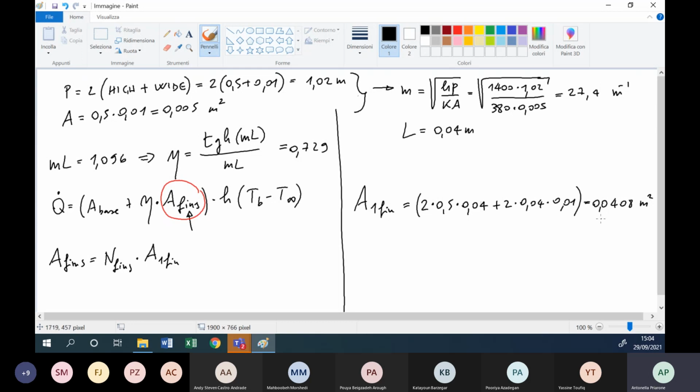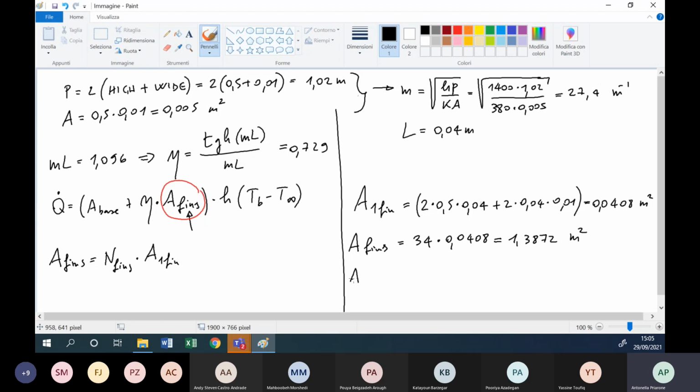Adiabatic tip, this one excluding the tip of the fin that is adiabatic. So the area of the fins is equal to 34 by 0.0408, and this is 1.3872 square meters.